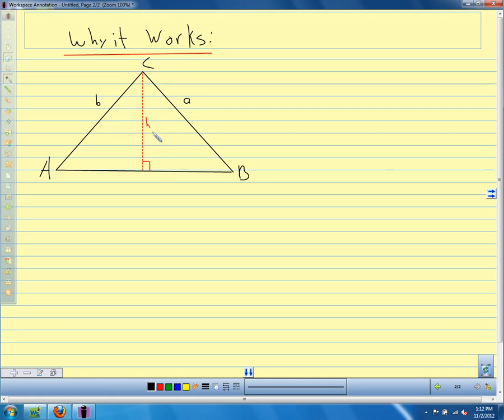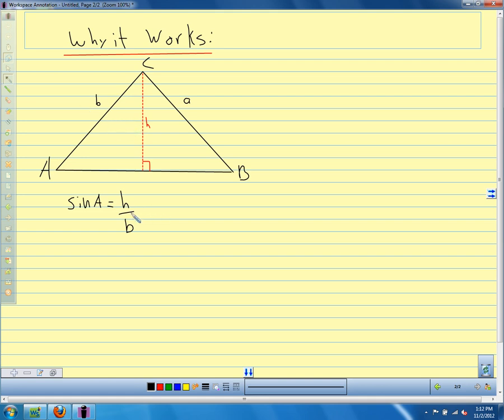I can write an equation for the height. The height is the opposite side from angle A, and I also have b as the hypotenuse. So I can say that the sine of A equals h over b. The sine of this angle is the opposite over the hypotenuse of this right triangle.